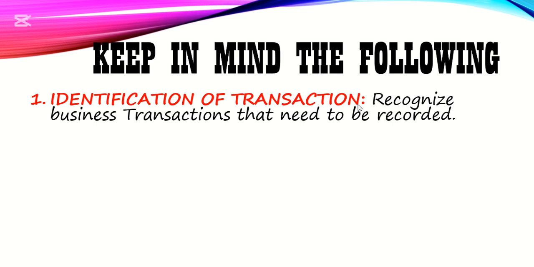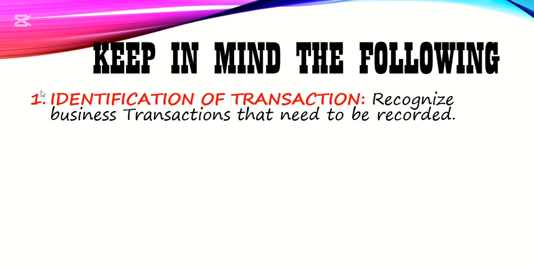What does this mean? It means you need to recognize a business transaction that needs to be recorded. And where are we going to get transaction related information from? Nowhere else apart from source documents. Are we together?